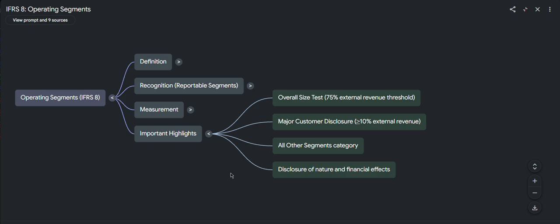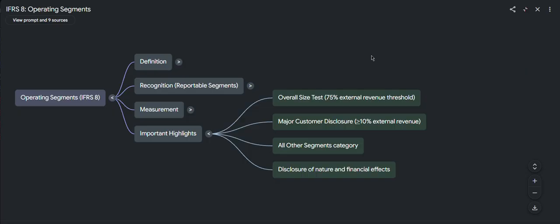In instances where there is information considered non-reportable, it is aggregated in the all other segments category.